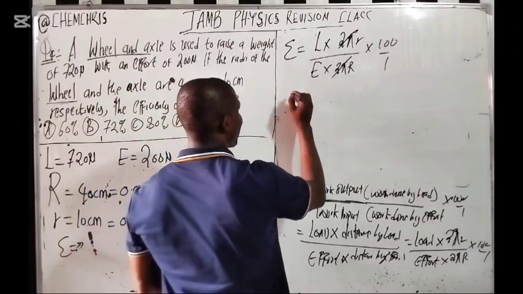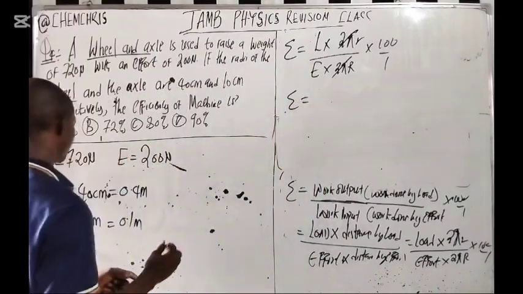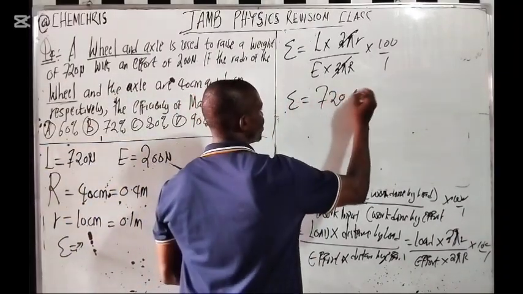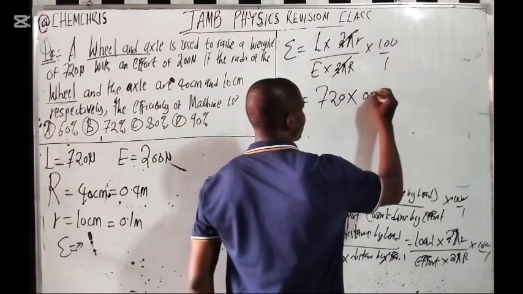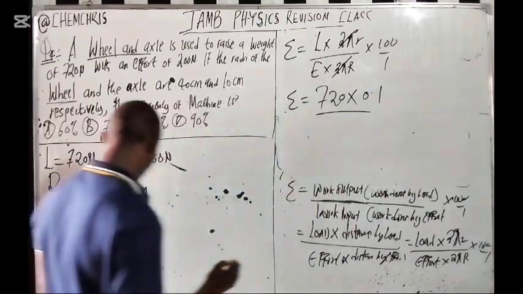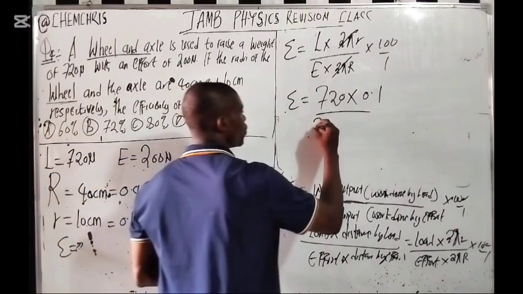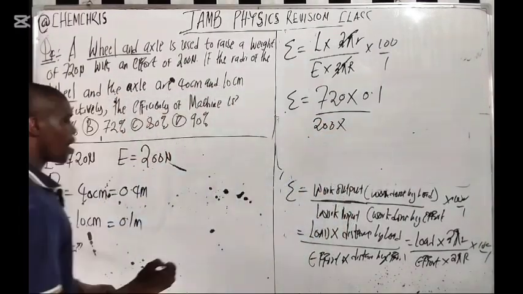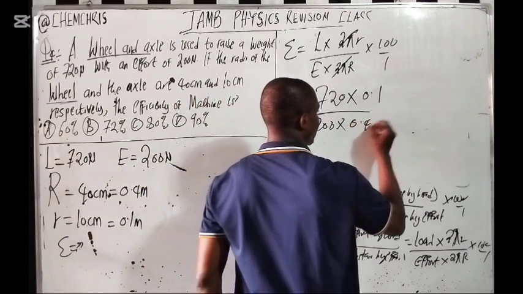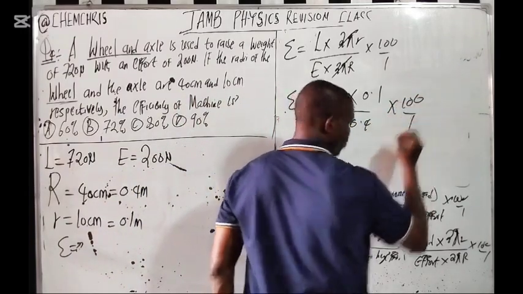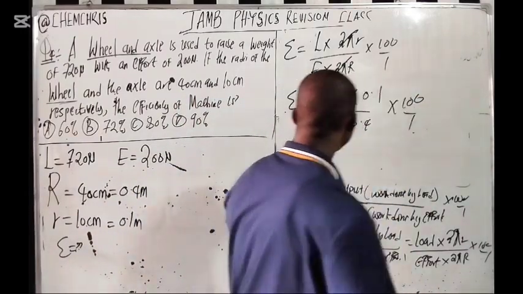So my efficiency is equal to my load, 720, times my small r, which is 0.1, over effort, 200, times big R, which is 0.4, times 100 over 1, right?